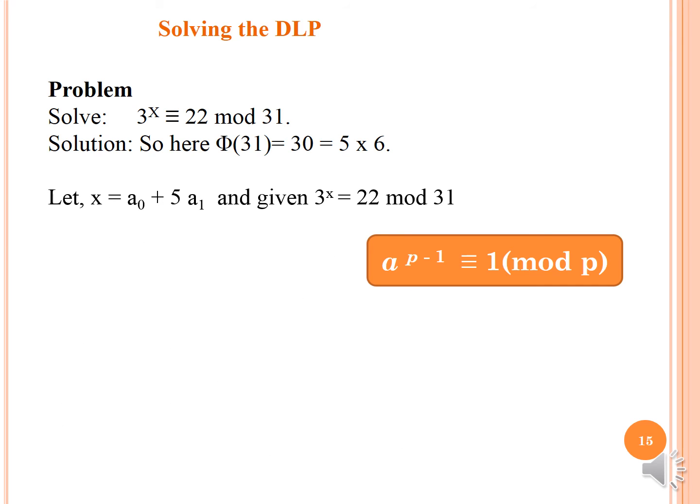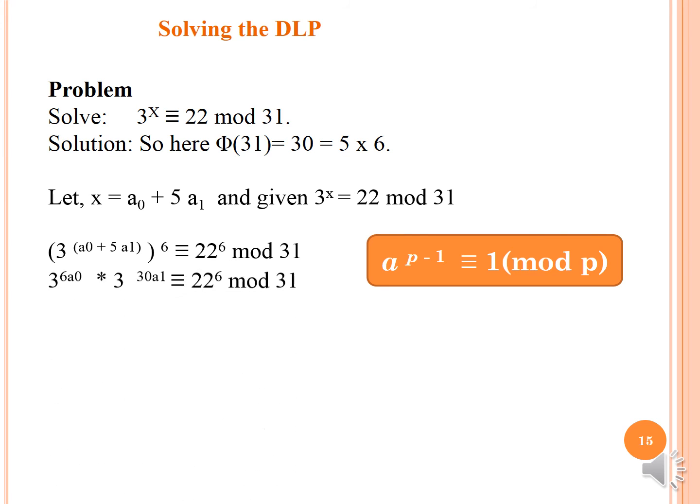And after that we will take the value of x in terms of a0 plus 5a1, and put this into the given equation, raising the whole equation to the power 6.